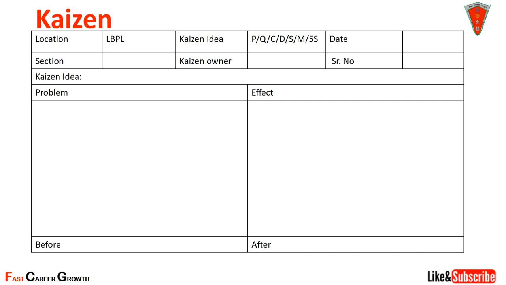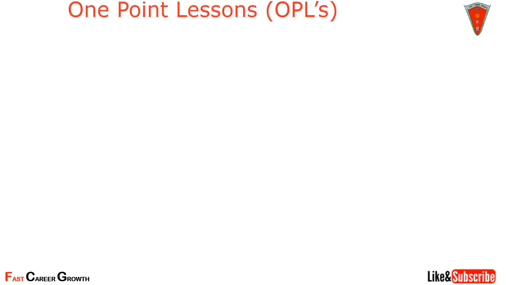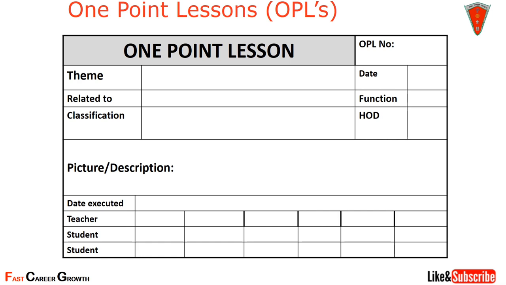Small Kaizen format: you have to just put on the before after picture or before after situation. And you have to also implement OPL. This is for learning sessions of the employees after implementing anything, how to sustain. You have to educate the people. This is one point lesson.